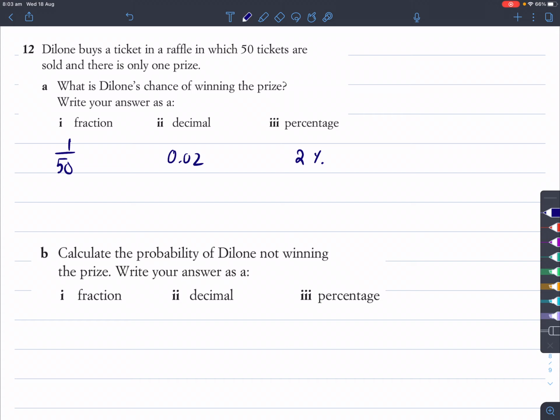All right. Calculate the probability of Dylan not winning the prize. Write your answer as a fraction. So not winning a prize would be 1 minus the probability of winning a prize.